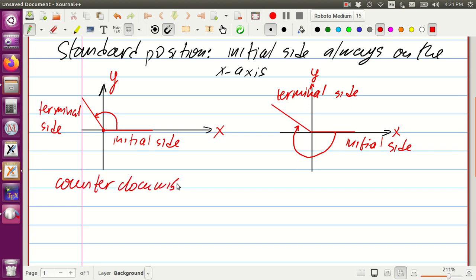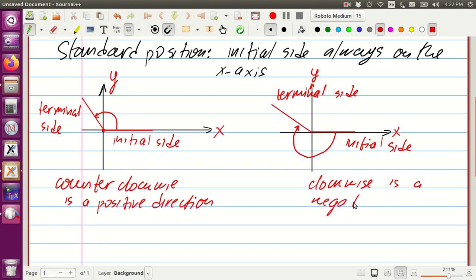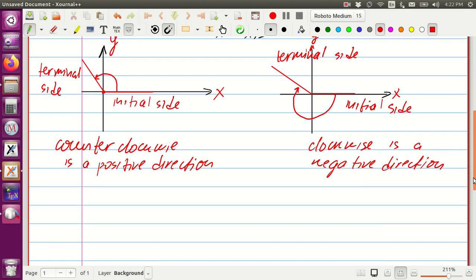Counterclockwise is the positive direction, and clockwise is the negative direction.